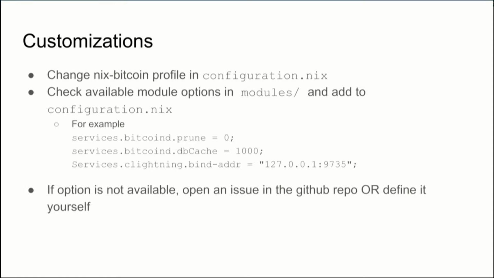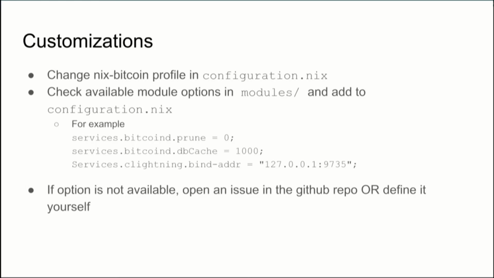For example, you can set specific pruning parameters, change the DB cache to speed up syncing, and also change, for example, if C Lightning should just listen on localhost or be available from the outside as well. If an option is not available, then either you need to open an issue in our GitHub repo, so we can try to add this option, or you can try to define it yourself.